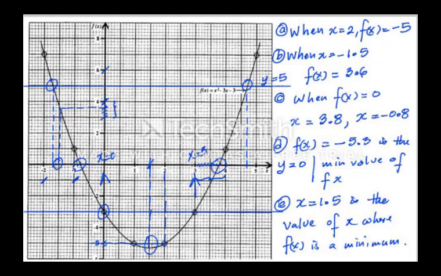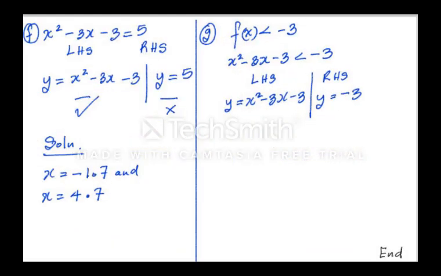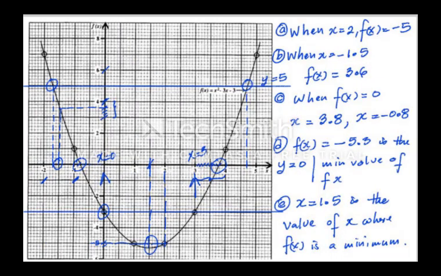We're looking for the domain values for which f of x is less than -3. In the graph here, this is the line y is equal to -3. This is f of x is equal to -3.